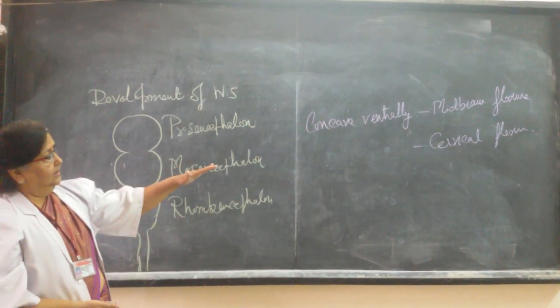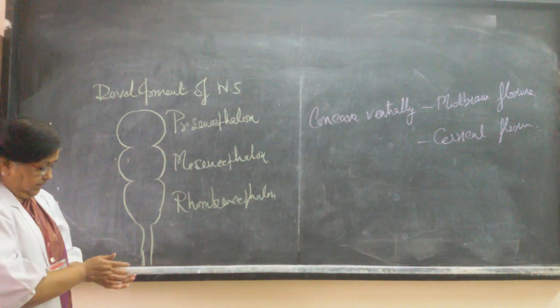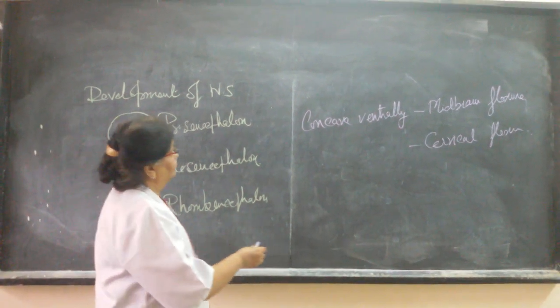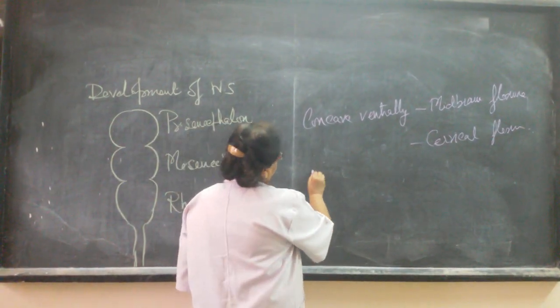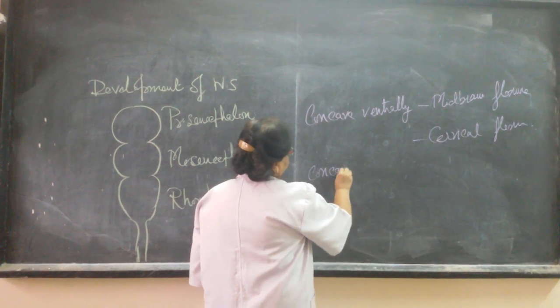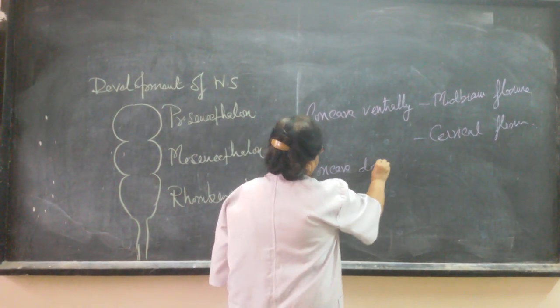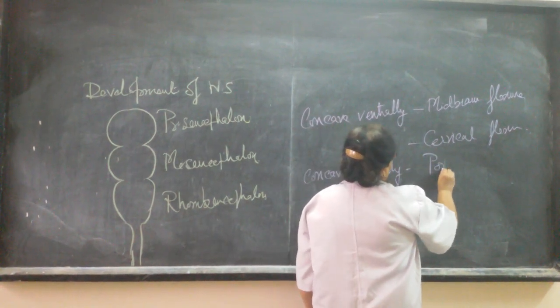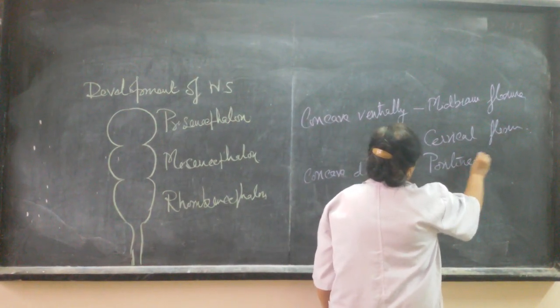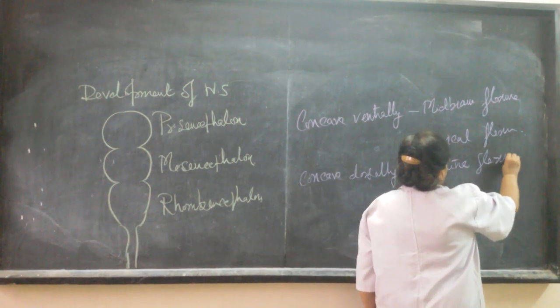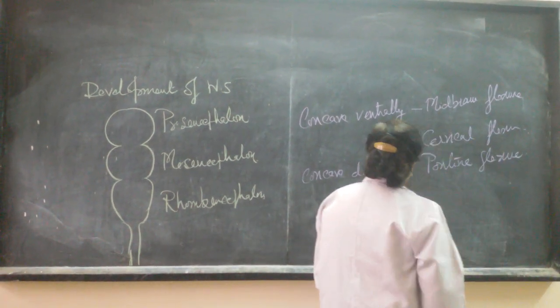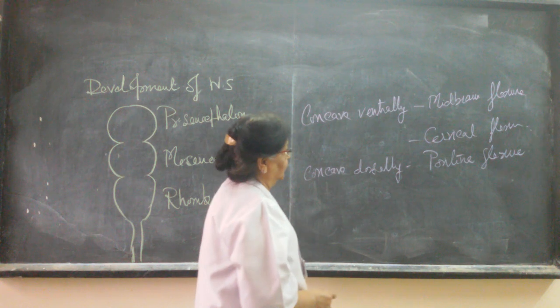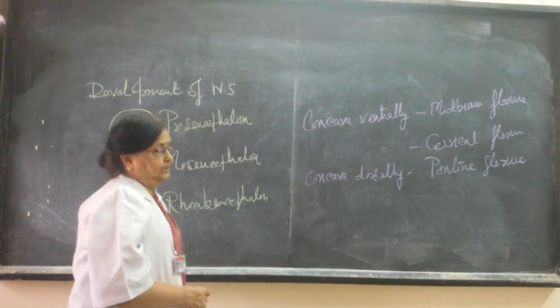These two flexures are concave ventrally. The third flexure is concave dorsally. This is known as the pontine flexure, and the pontine flexure is in the region of the pons.